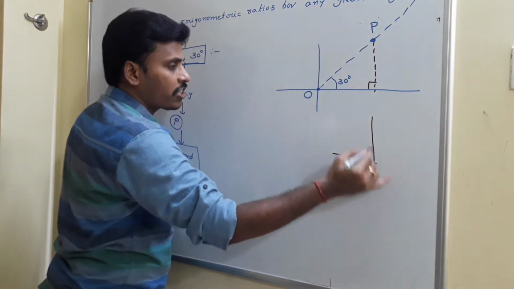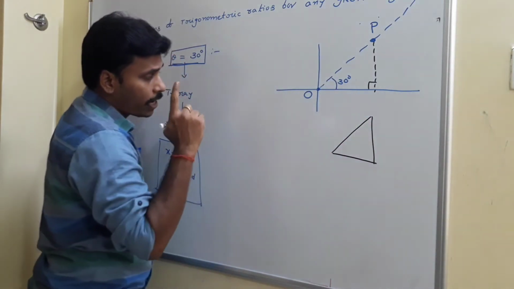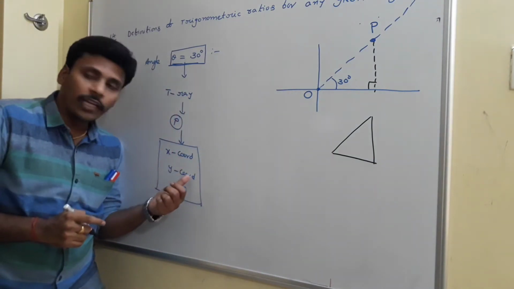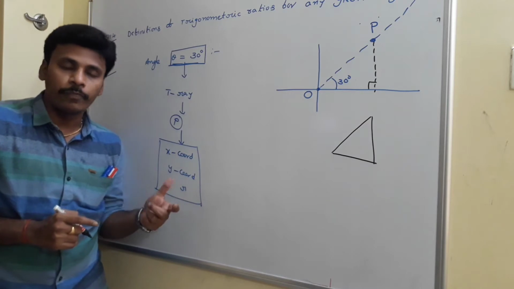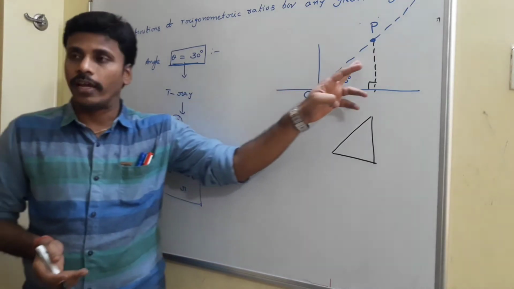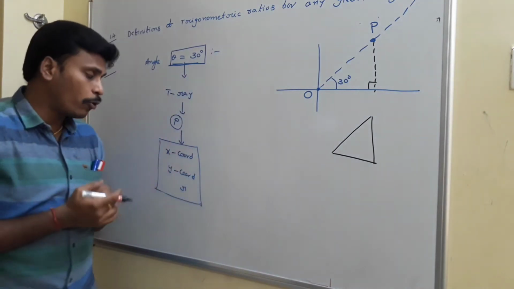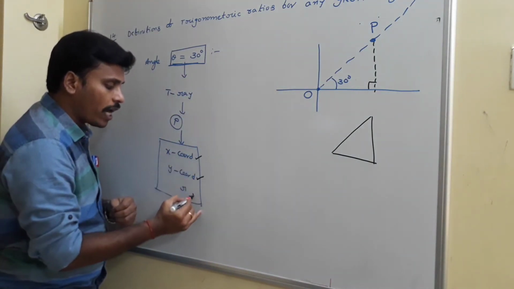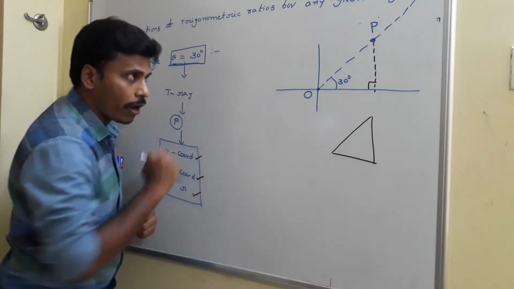My concentration is not on the triangle. My concentration is on locating the x coordinate, y coordinate and r value of the point P. Once again, it is about calculating the x coordinate, y coordinate and r value of that particular point P.